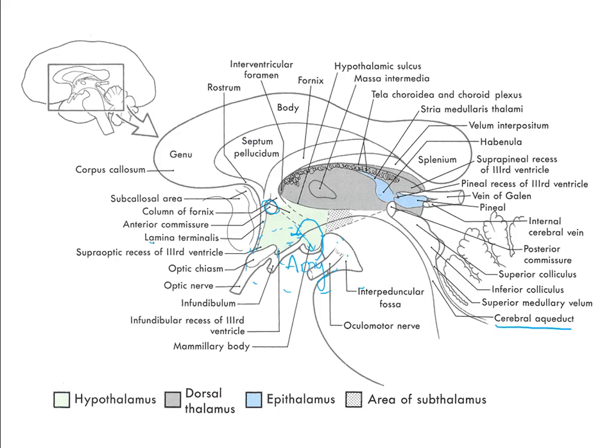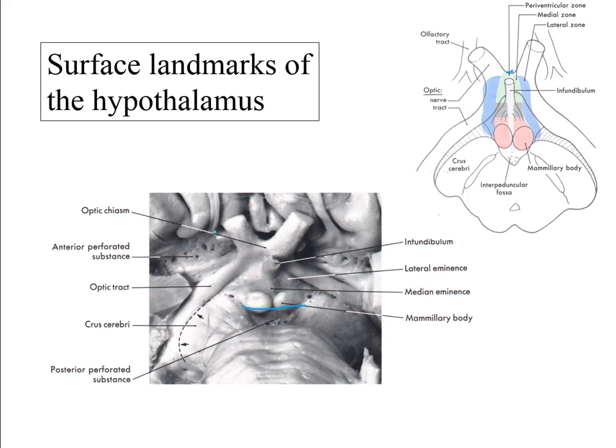And that front wall is known as the lamina terminalis. It's different than the stria terminalis. Okay, we've got the lamina terminalis. So when we look on the surface and look down, we can know that the lamina terminalis will be sitting right here. That's the anterior boundary.